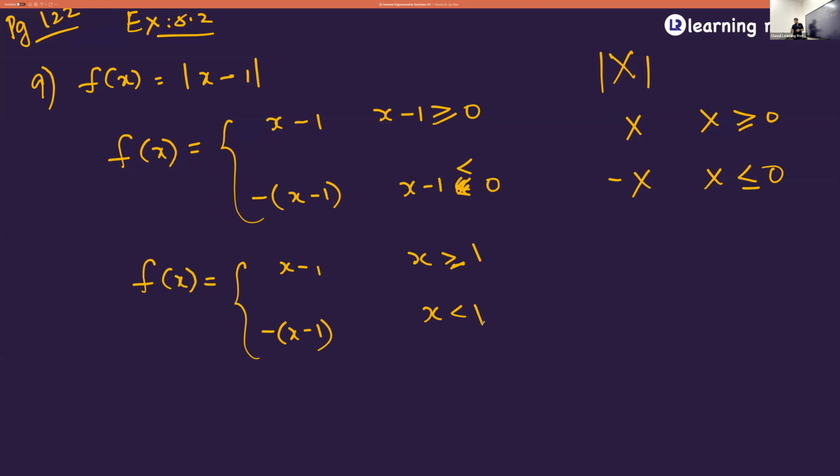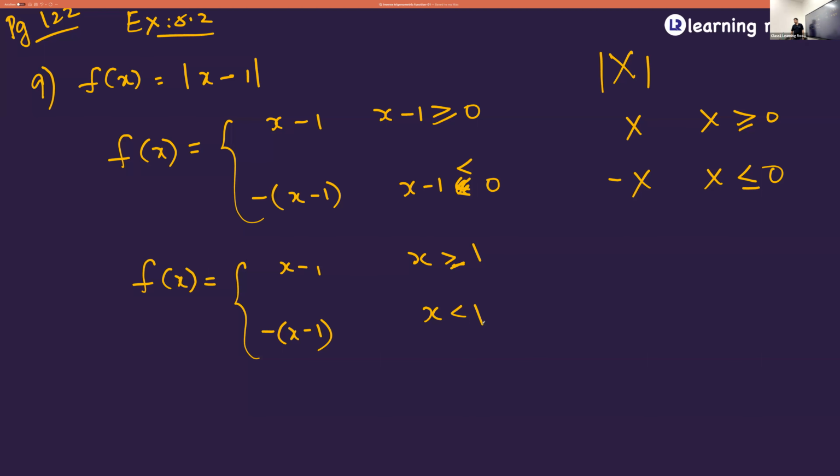So even before you start solving, suppose here they have asked you to show that it is not differentiable, or to check the differentiability of the function. What did I tell you? Directly differentiate this and see. Do that as rough work. Is this function differentiable? What is the derivative of x minus 1? It is 1. Derivative of minus of x minus 1 is minus 1.